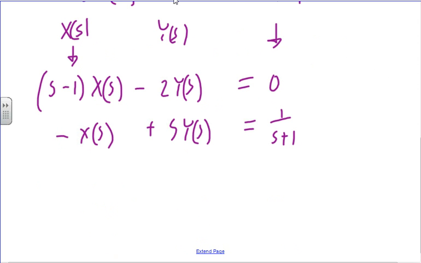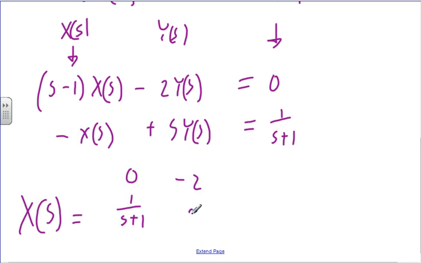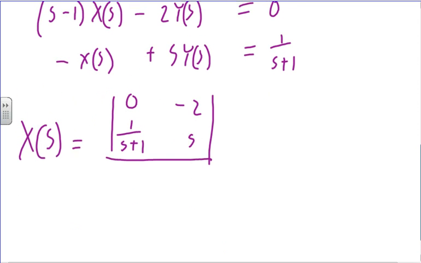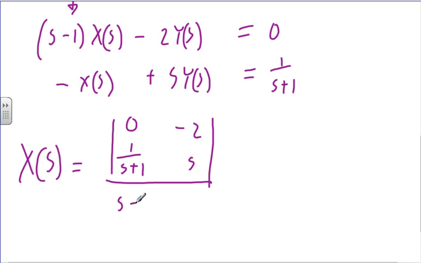Okay, using Cramer's rule, we find that x of s is equal to the determinant with 0, 1 over s plus 1, minus 2, s, divided by the determinant of s minus 1, minus 1, minus 2, s. That guy's 0, this guy's minus a minus.